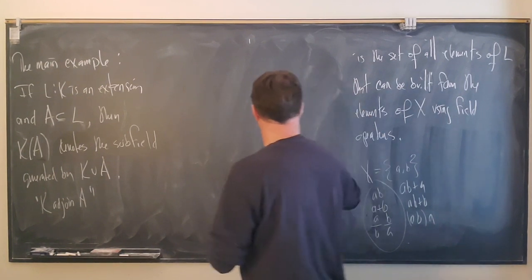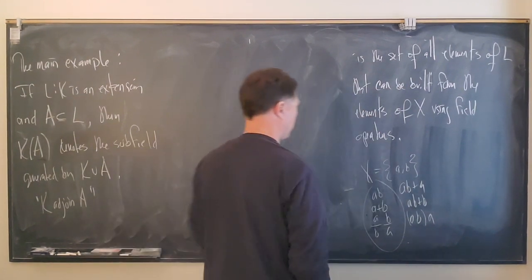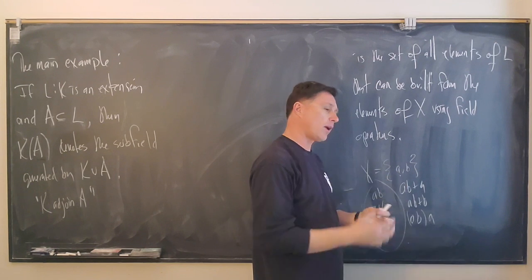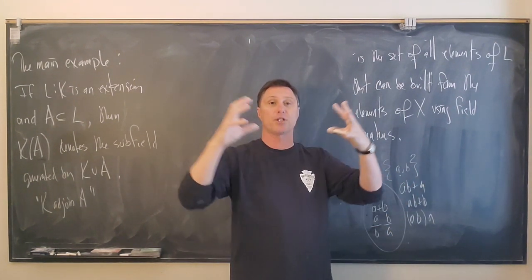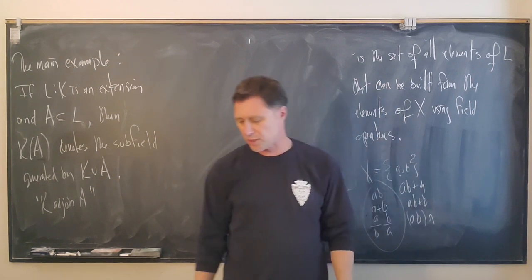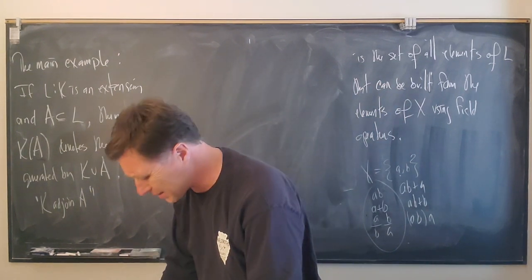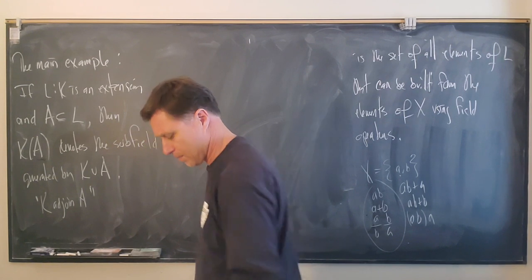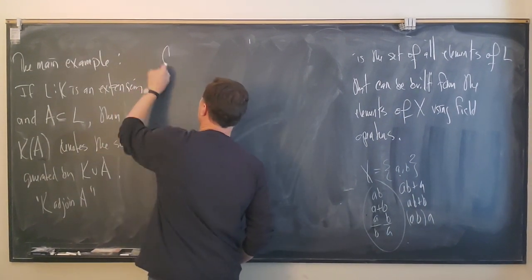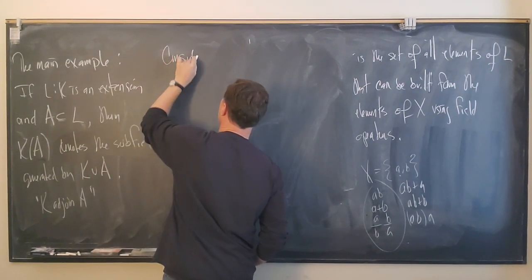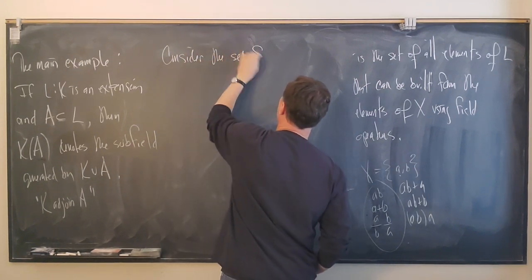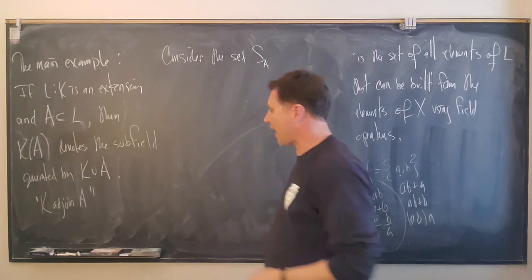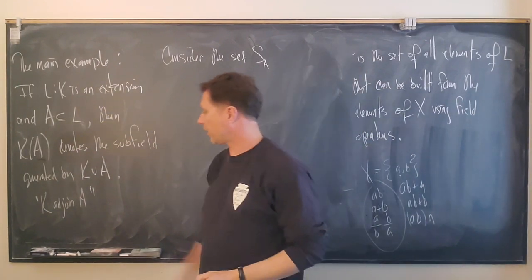And remember, when you're building the elements, if you think about this set right here, you've got these building blocks, and you're going to just start iterating field operations to build it. So it looks, not messy, but it's a big looking set. So let's consider the set, which I'll write as S sub A, where A is this set right here.